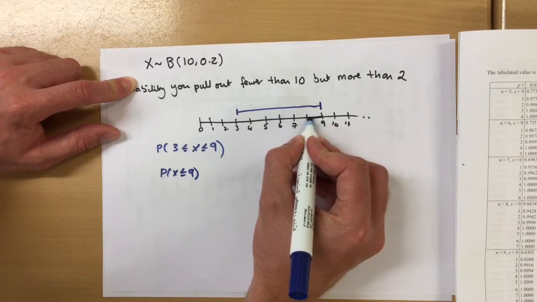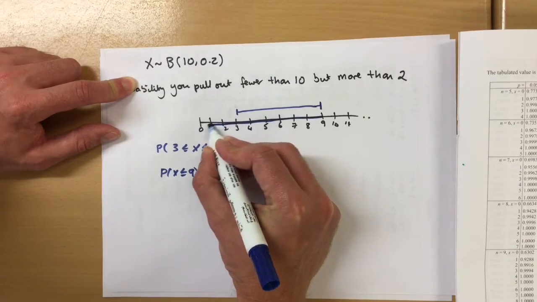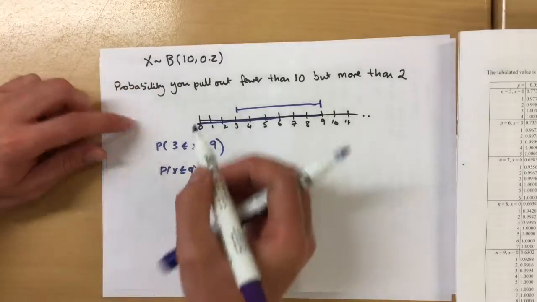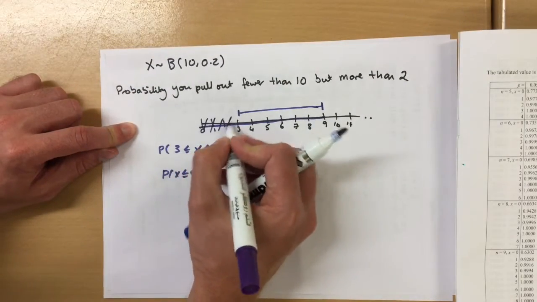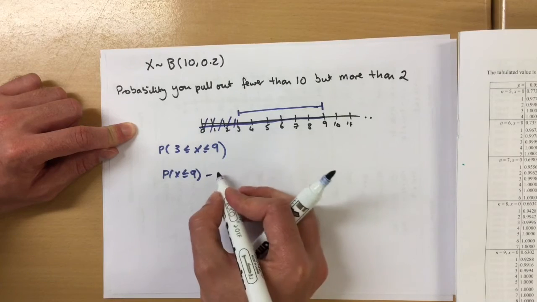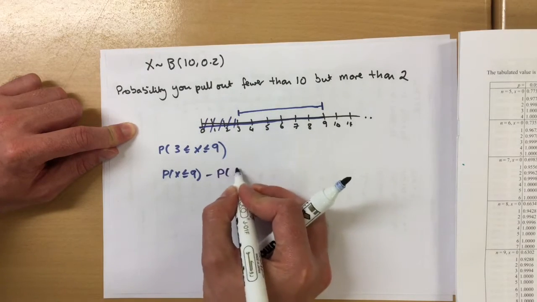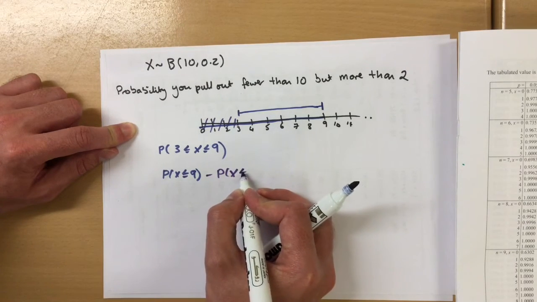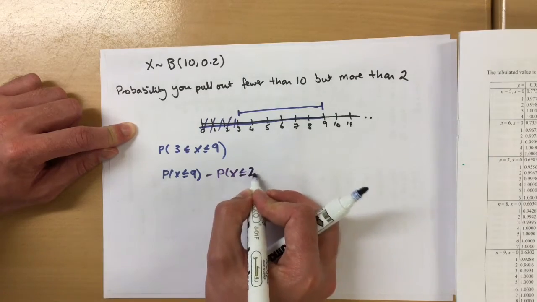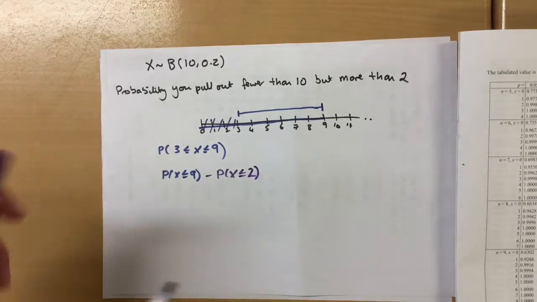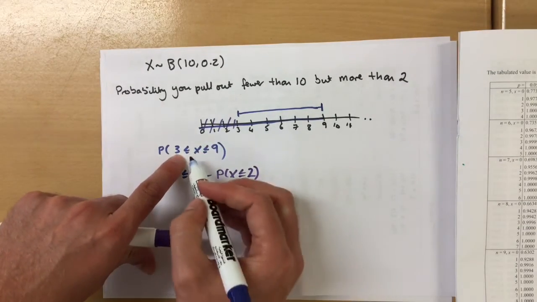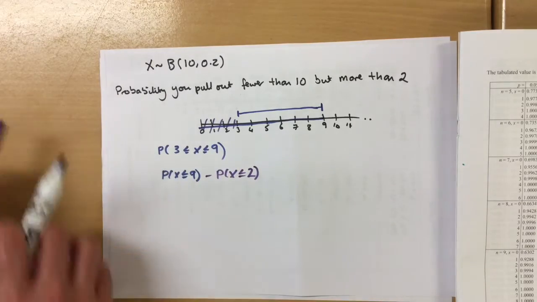This will give us all of this. But we don't want that section. So you've got to take away the probability that x is less than or equal to 2, because 3 is included, we want that, so just less than or equal to 2.